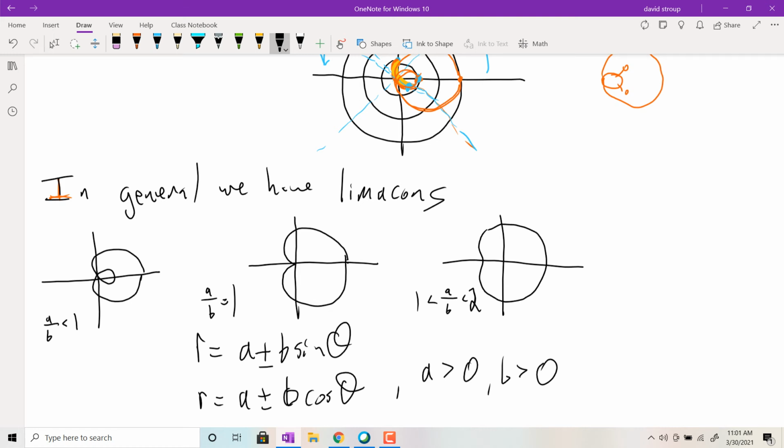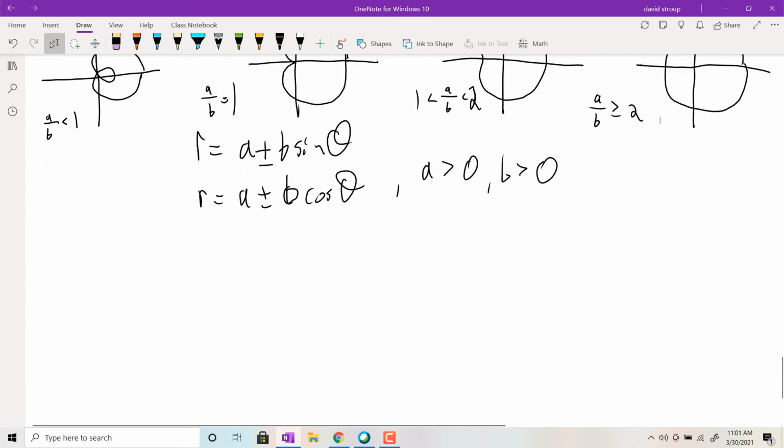And then it's almost circular when a over b is greater than or equal to 2. Okay. Kind of have to do a double take. But it kind of goes flat right there, and then it zips back around. Okay.